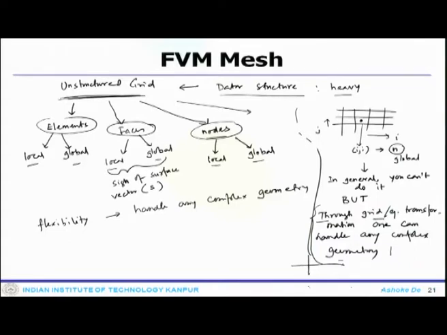So, in a nutshell, no matter what you do, whether you are in an unstructured system or in the structured system, each of them has certain pros and cons. That means some advantages come with some disadvantages. One has to make some trade off and do the calculations.